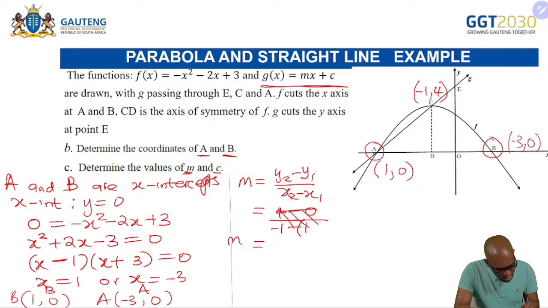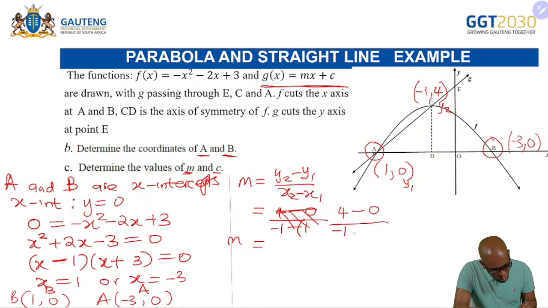So the value of M here should be 4 minus 0 over minus 1 minus 1. This is y2 and this is y1, 4 minus 0 over, I have minus 1, x2 here and x1 here, minus 1 minus 1 here.